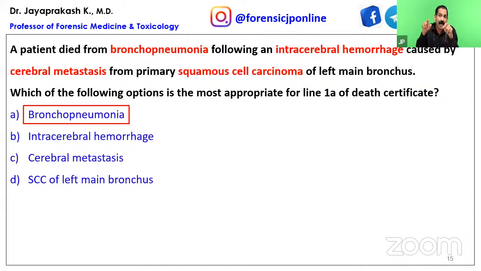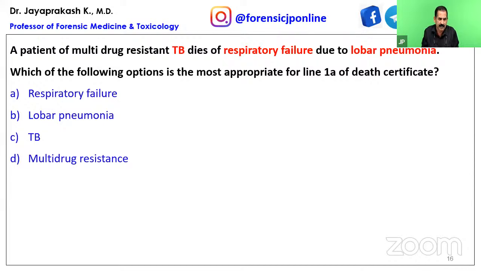That time, it gives rise to hypostatic pneumonia in the form of bronchopneumonia, and he died of bronchopneumonia. Unconsciousness is not mentioned, so bronchopneumonia is due to intracerebral hemorrhage. So, 1A is bronchopneumonia, 1B is intracerebral hemorrhage, 1C is cerebral metastasis, 1D is squamous cell carcinoma of left main bronchus.